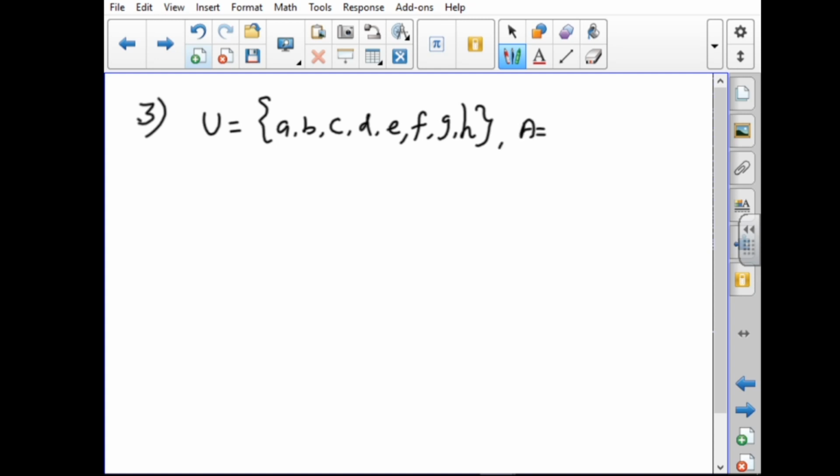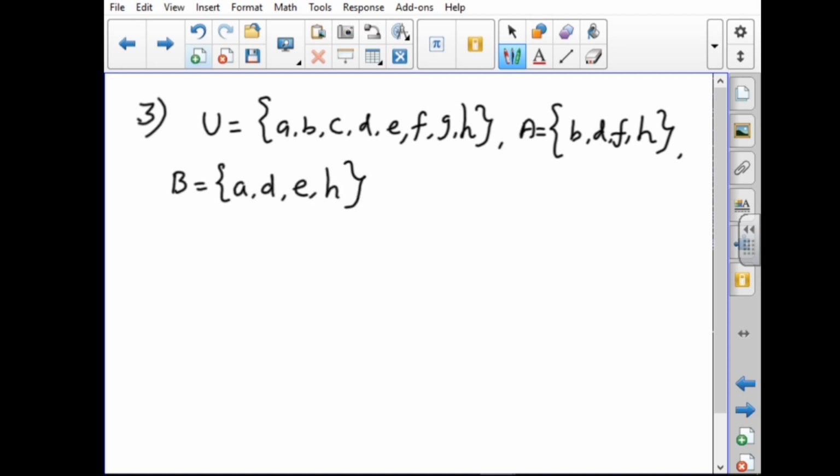Then A is equal to B, D, F, H. Then B is equal to A, D, E, H. So find the following sets A dash. A dash means you have to compare with the universal set. The set of all elements of U but not in A. Okay. That is U difference A.